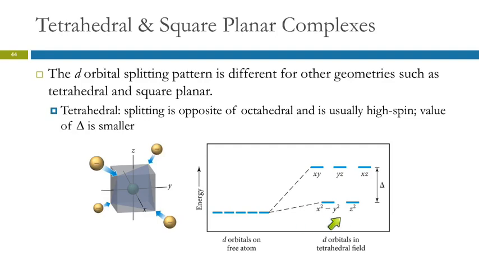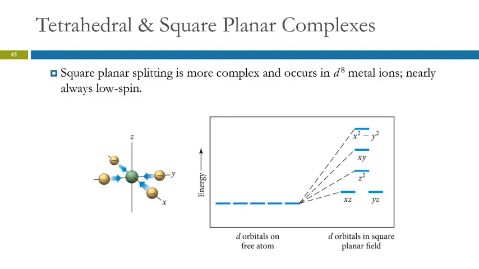And so we have 2 orbitals that are lower in energy and 3 that are higher in energy. So the splitting's opposite. So these are usually going to be high spin, meaning more unpaired electrons than in the regular metal ion. And the difference, the crystal field splitting energy, is generally smaller than for octahedral complexes.